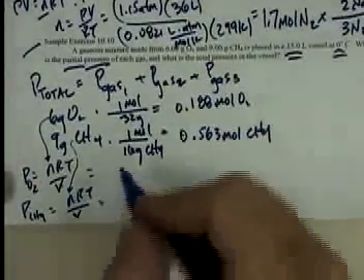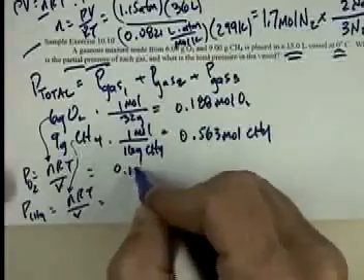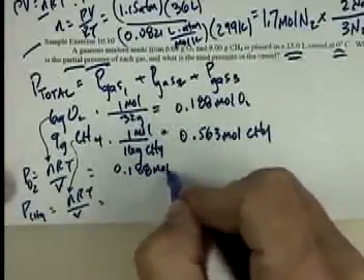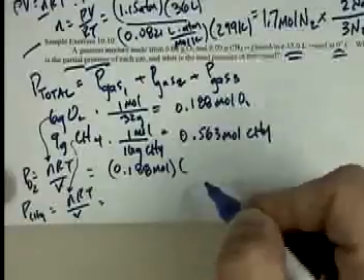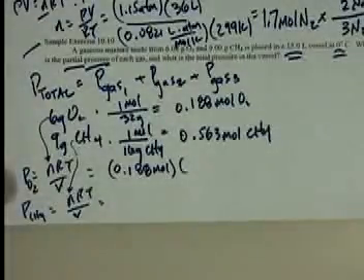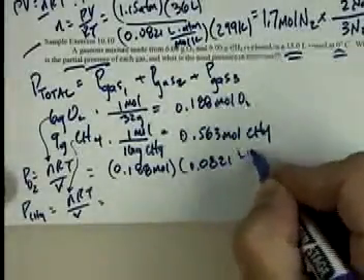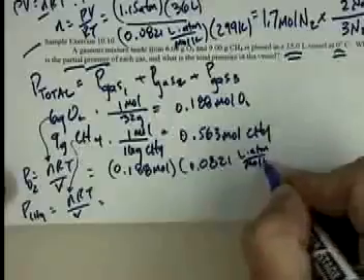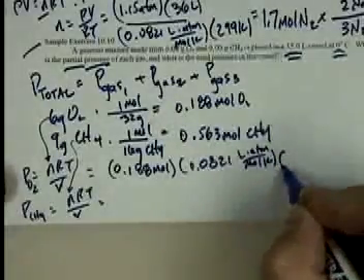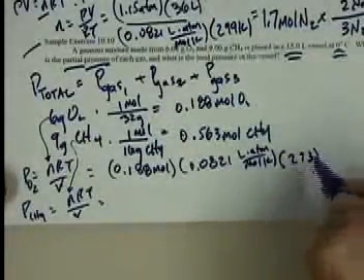So, putting in these numbers, I have 0.188 moles of oxygen gas. My R, let's see, does it ask for a specific type of pressure? I don't think it does, so let's use atmospheres. 0.0821 liters times atmospheres per mole times Kelvin. And the temperature here is 273.